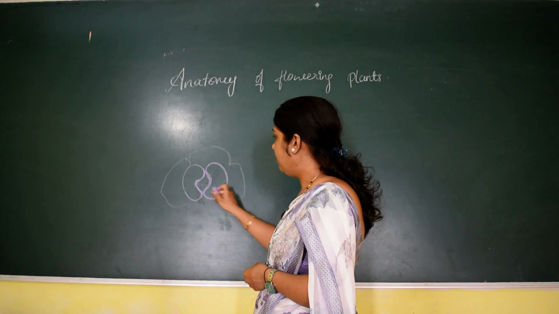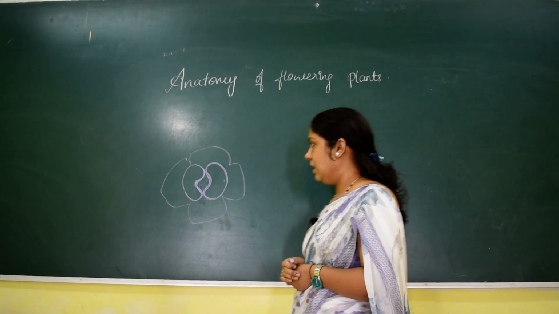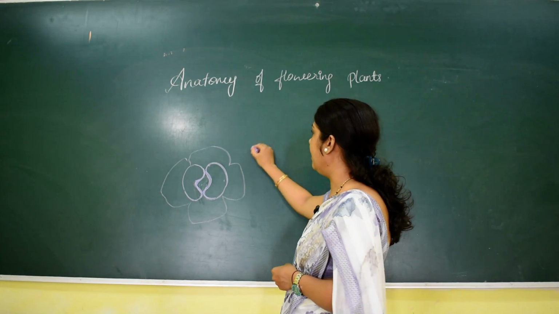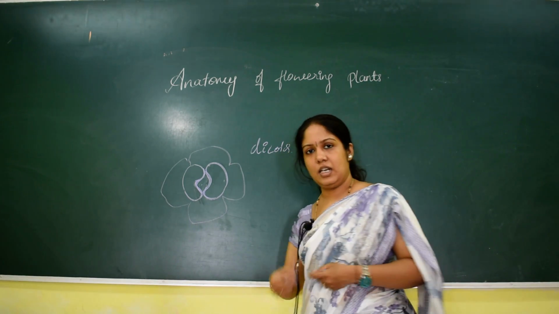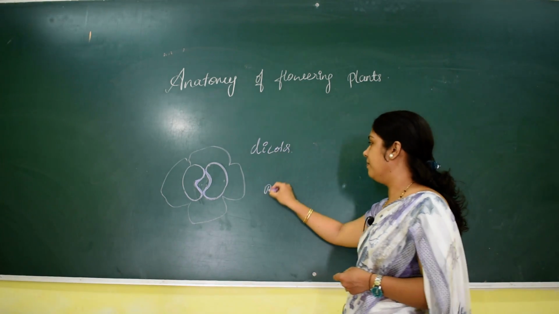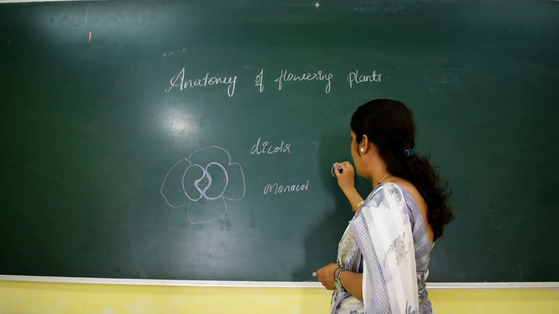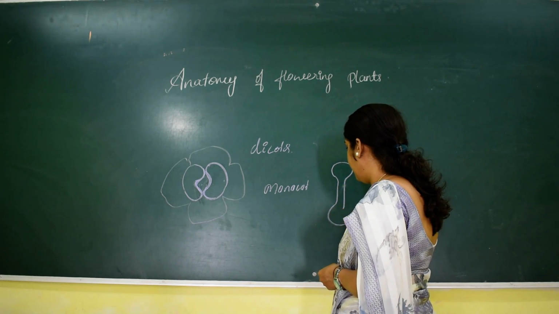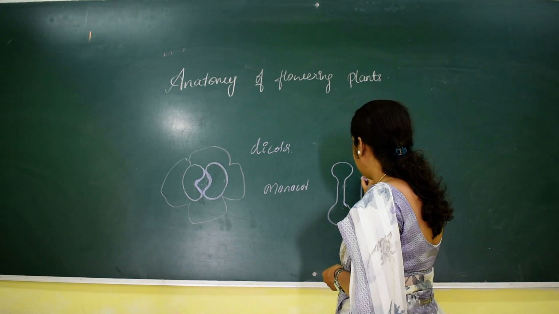Next, the guard cell in the stomatal apparatus is kidney shaped or bean shaped in dicots, whereas in monocot plants, the shape of the guard cell is dumbbell shaped.